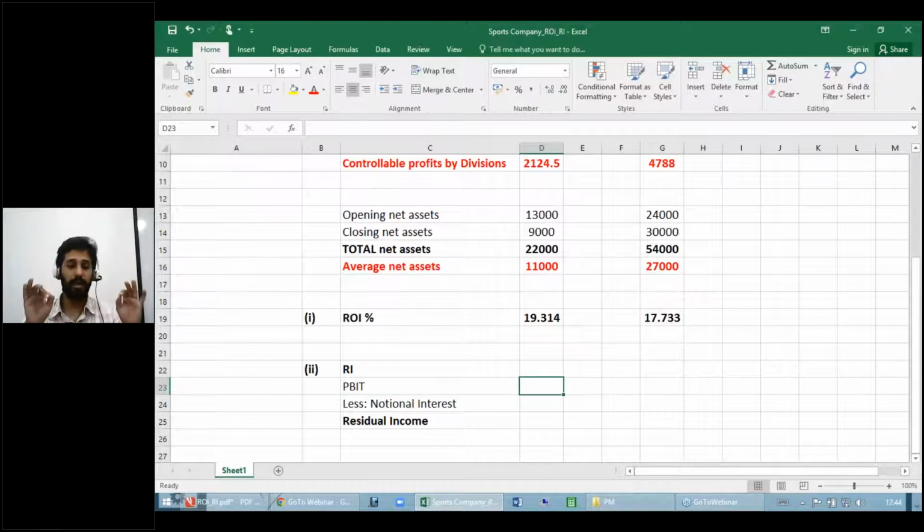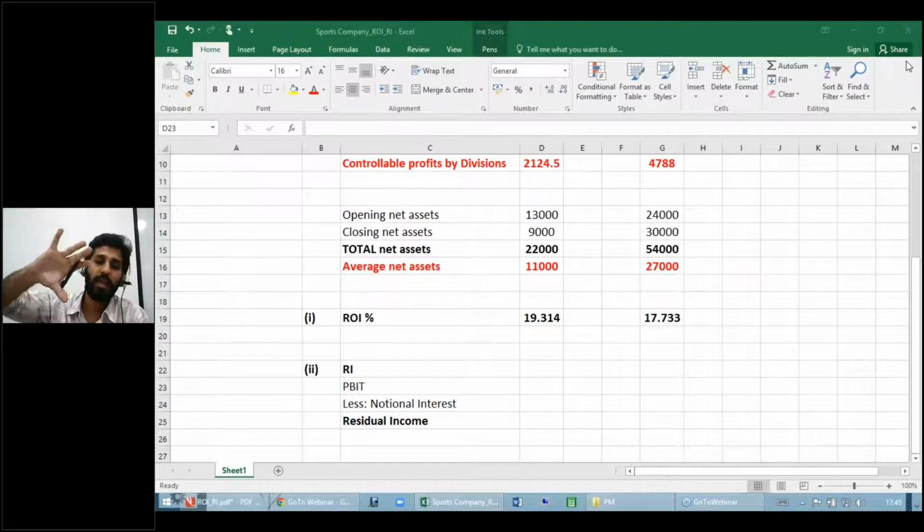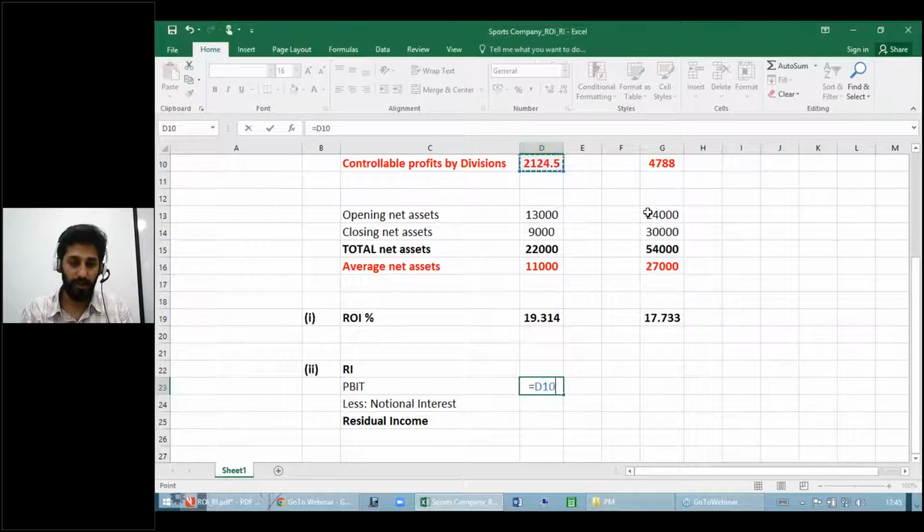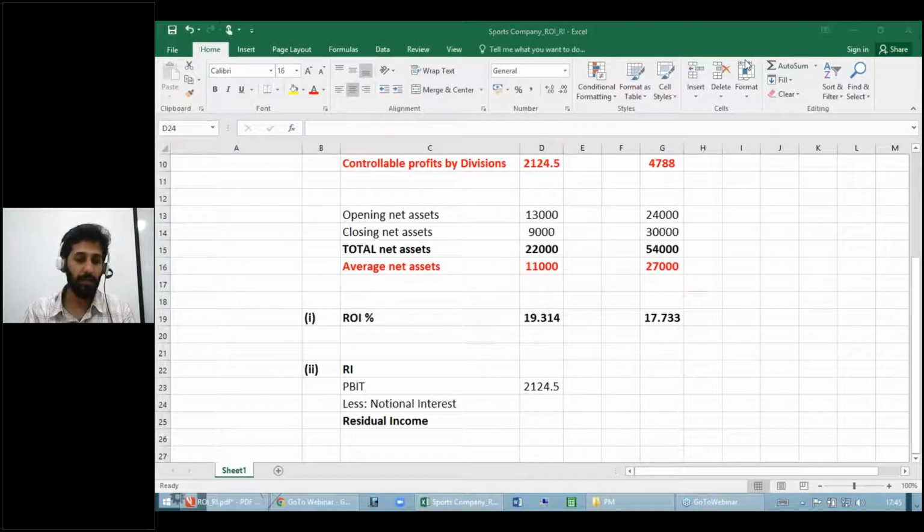Now the good thing for the spreadsheet is that you can simply link the figures. You don't need to calculate once the thing is already calculated. You just need to link the cell. So here I am writing that's PBIT, press is equal to, go to the divisional profits, just link, no need to write, press enter. And the notional interest is basically the capital multiplied by cost of capital.